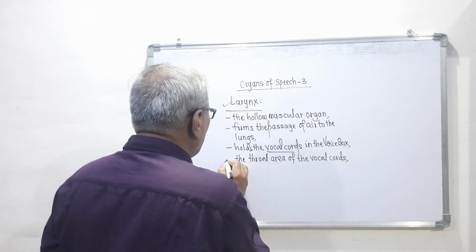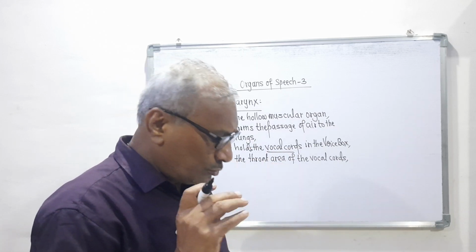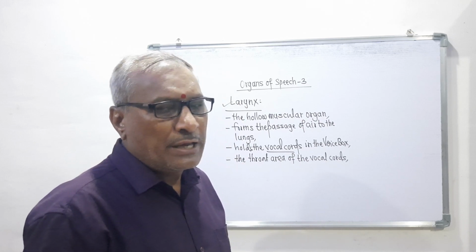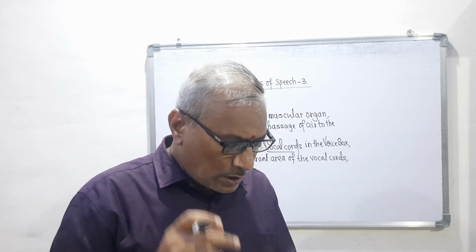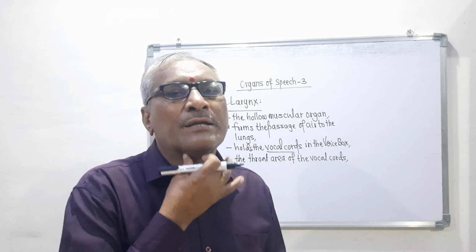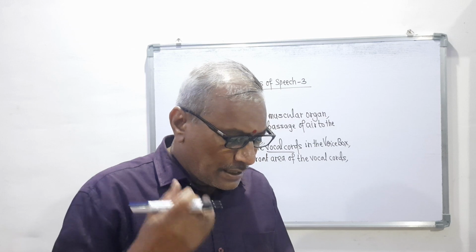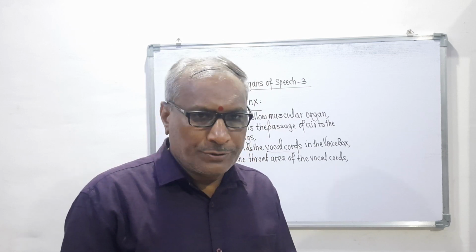Then there is the throat area, means the section of the throat, and that throat area is full of the vocal cords, and these vocal cords are available in the throat.